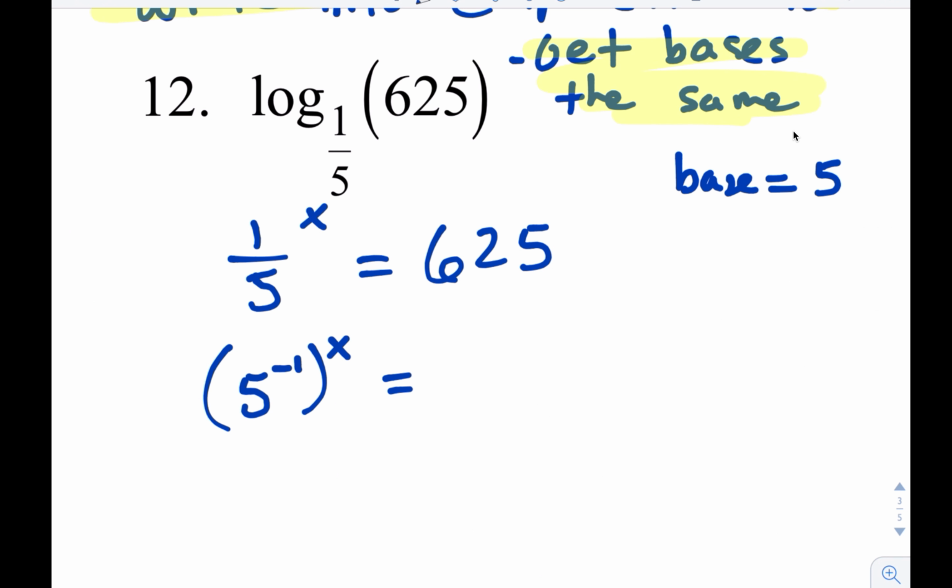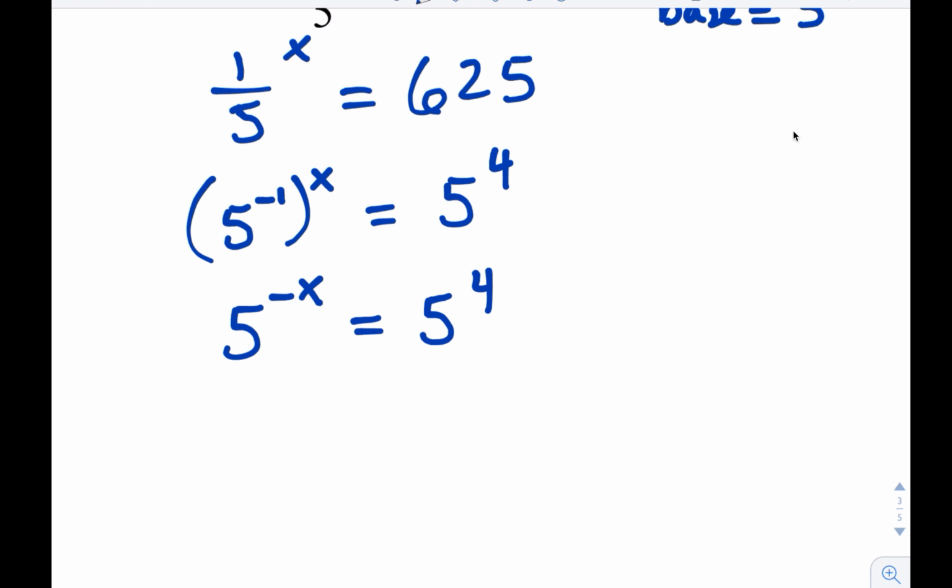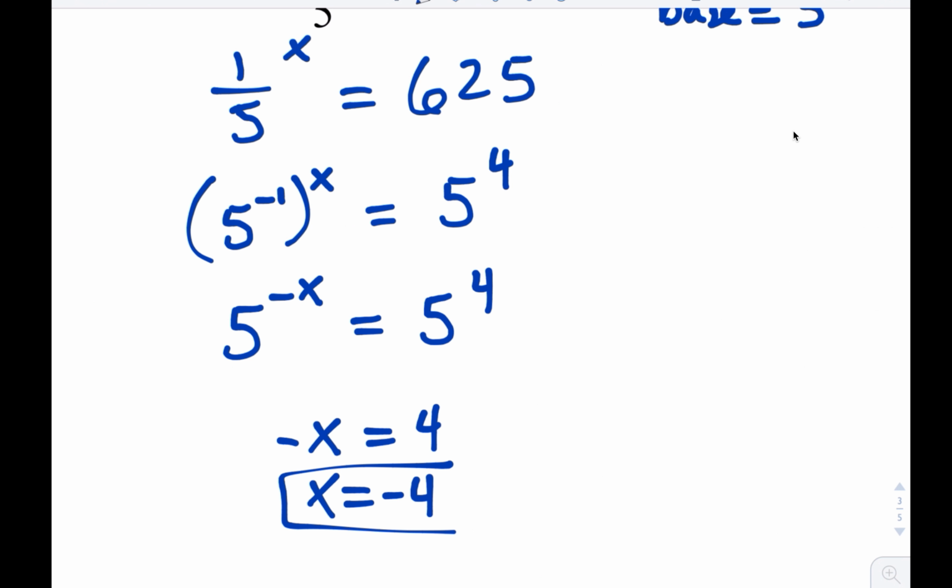All right, and 625 is the same thing as 5 to the fourth. So I have 5 to the negative x equals 5 to the fourth. Right? Now that the bases are the same, that means that their exponents have to be the same. So negative x equals 4, so x has to be negative 4. So negative 4 would be my answer.